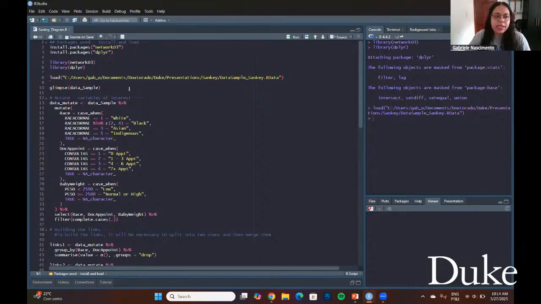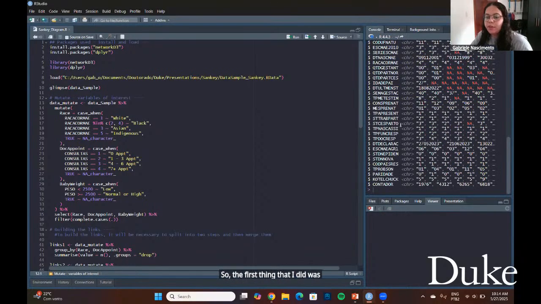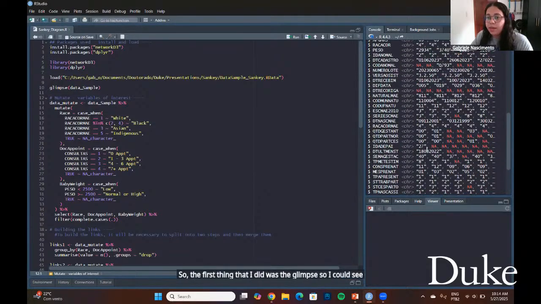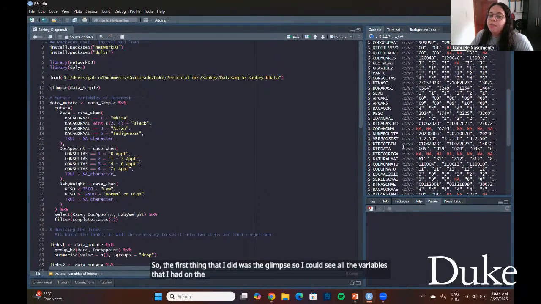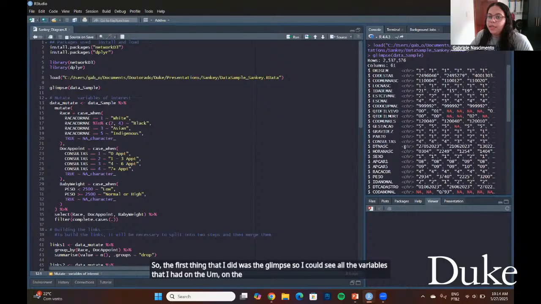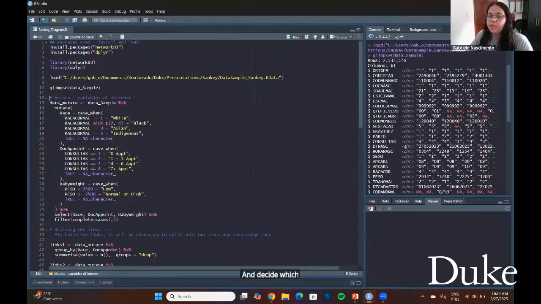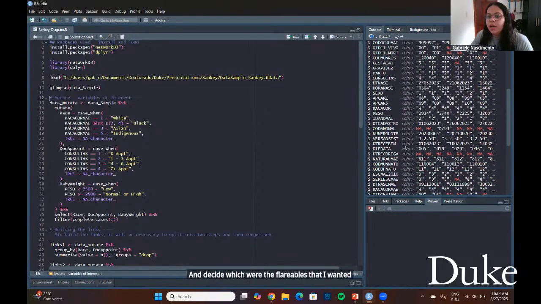The first thing that I did was the glimpse so I could see all the variables that I had on the data set and decide which were the variables that I wanted to use.